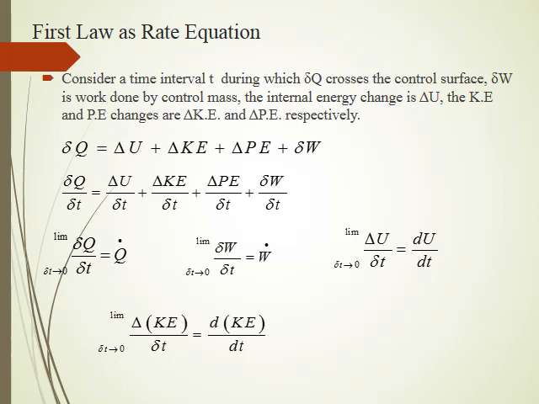Delta U is the internal energy change, and delta KE and delta PE are denoting the changes in kinetic and potential energy respectively.